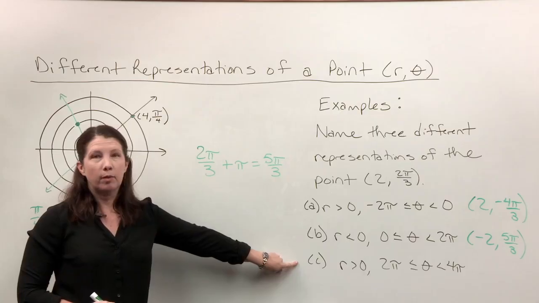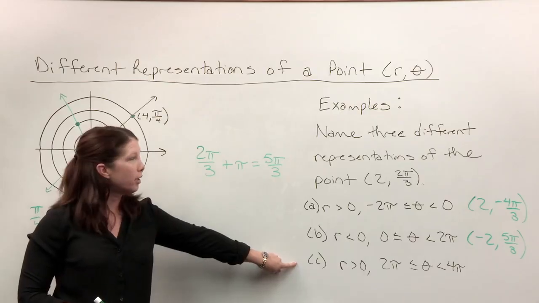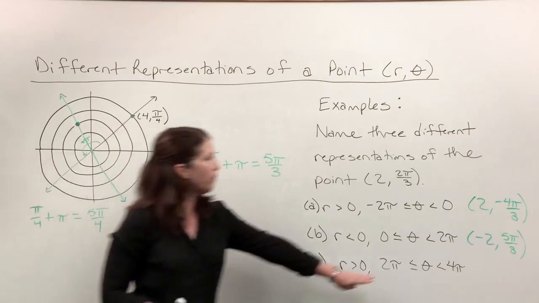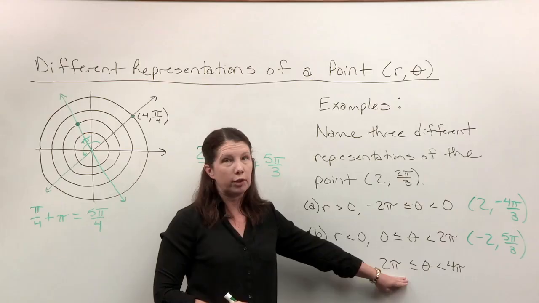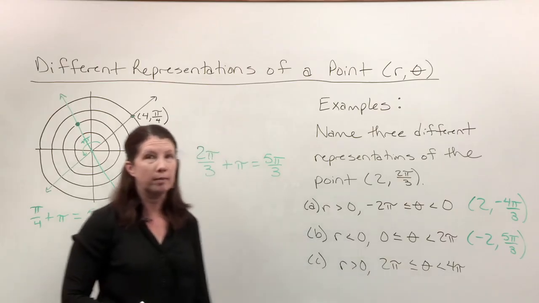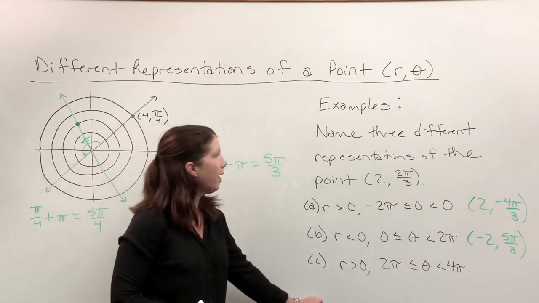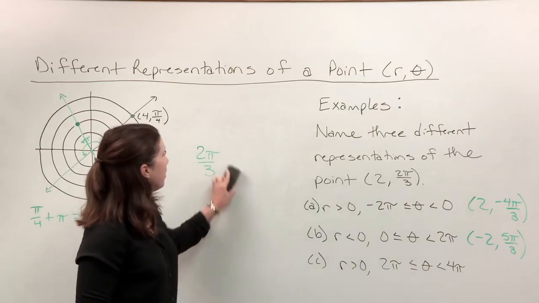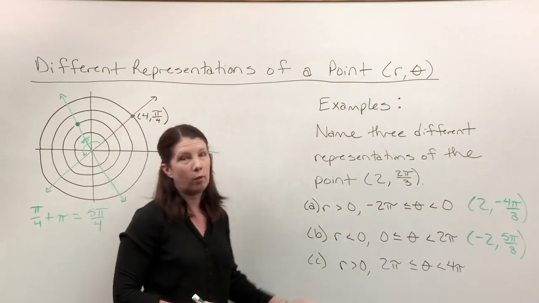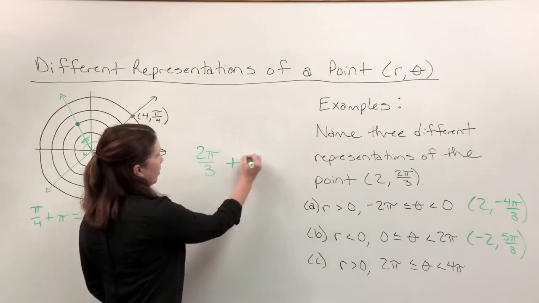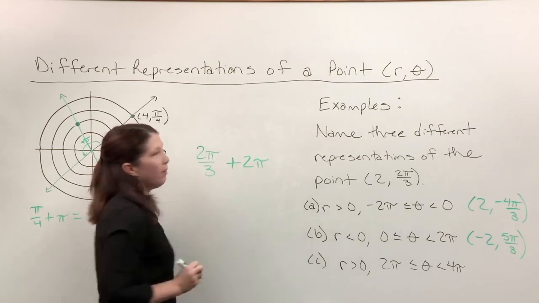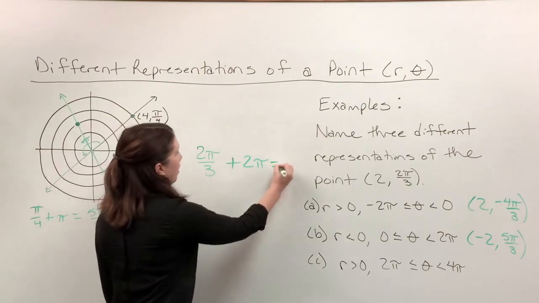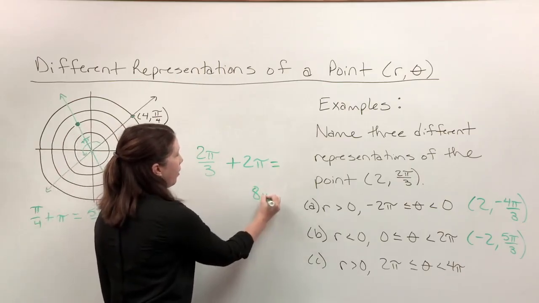Finally, we're asked to find a third representation where we have a positive value for r, but now a value of theta that is greater than or equal to 2 pi, but less than 4 pi. So I need to find the angle that's coterminal to 2 pi over 3, but that lies between 2 pi and 4 pi. If I take 2 pi over 3 and add 2 pi, I get an angle of 8 pi over 3.